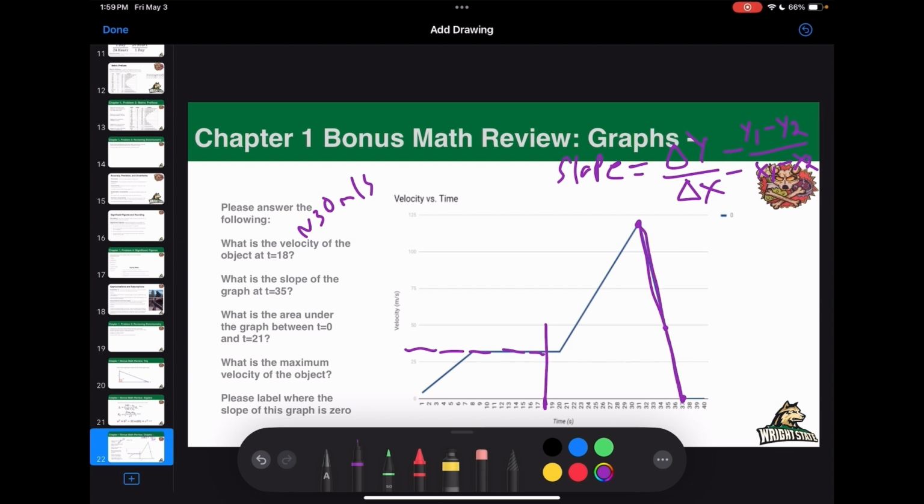line. So the y of this point down here is 0. The y of my point up here at the top, I'm going to call it like 120 maybe. I'm estimating, I'm saying that this is about 120. Again, you might think differently, that's okay. Down here, my x is going to be 37.